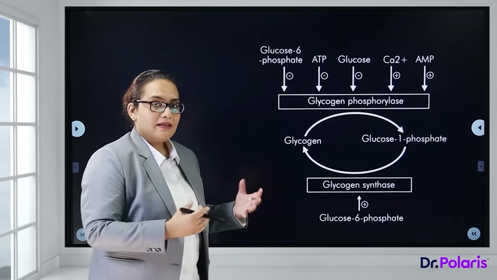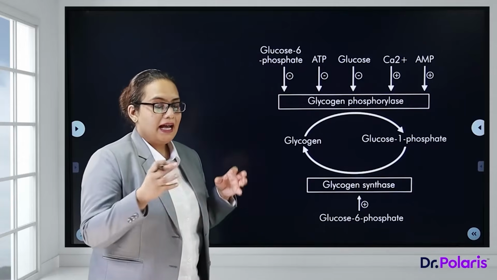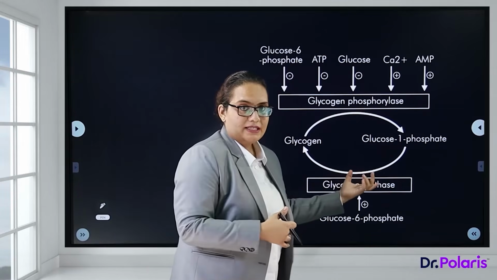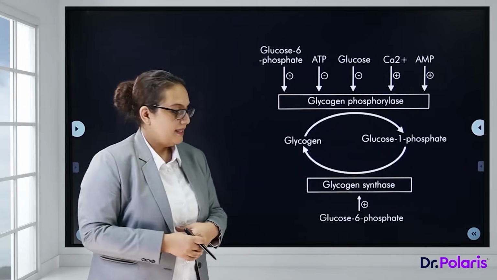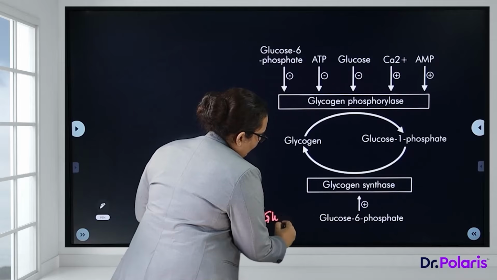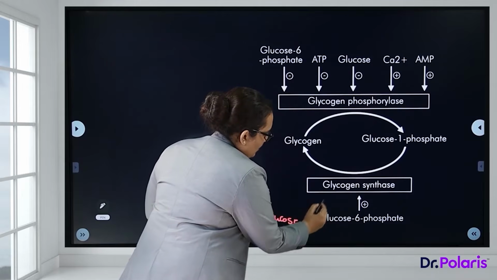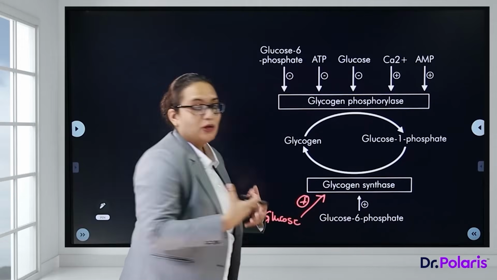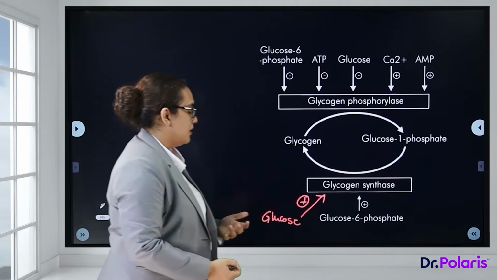So like I've said, the availability of substrates and high energy compounds are required for stimulating glycogenesis or the enzyme glycogen synthase. So the substrates could be glucose or glucose 6-phosphate. These two can stimulate the activity of glycogen synthase, thereby promoting glycogenesis to occur.